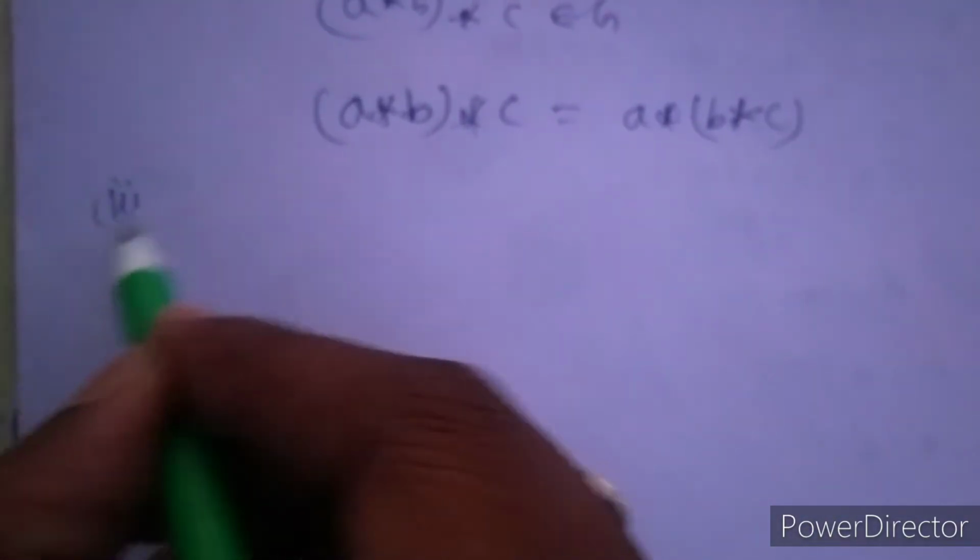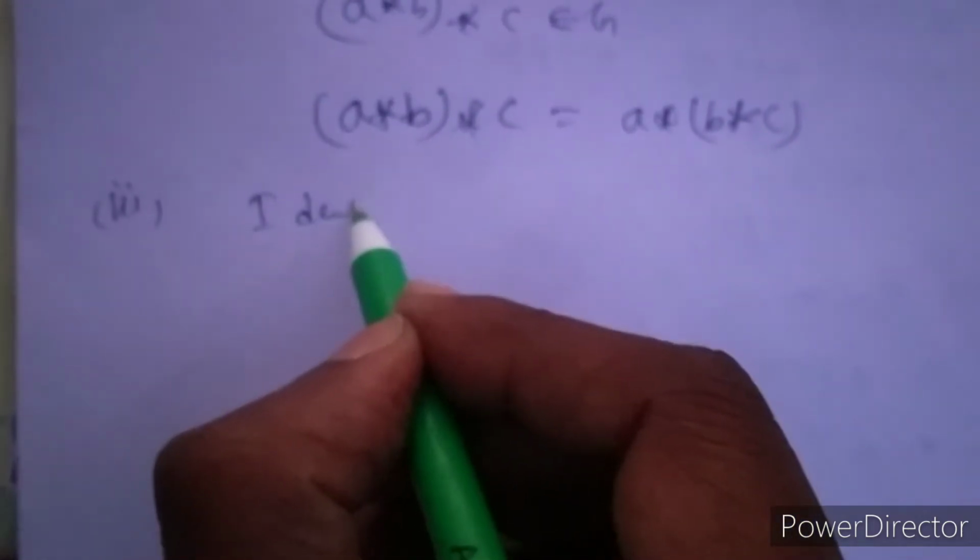Next, the third one is the identity property.